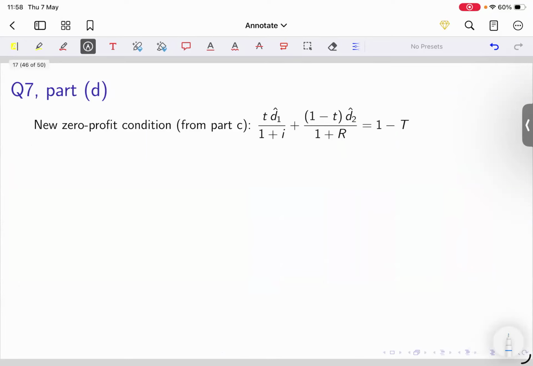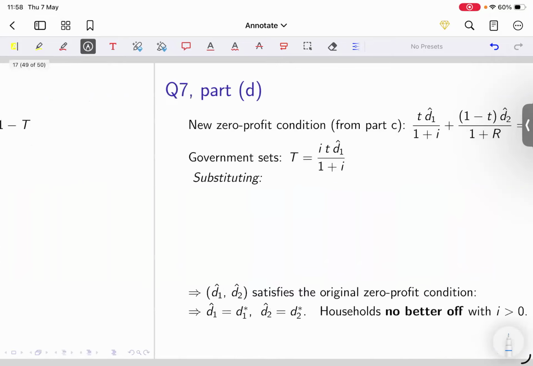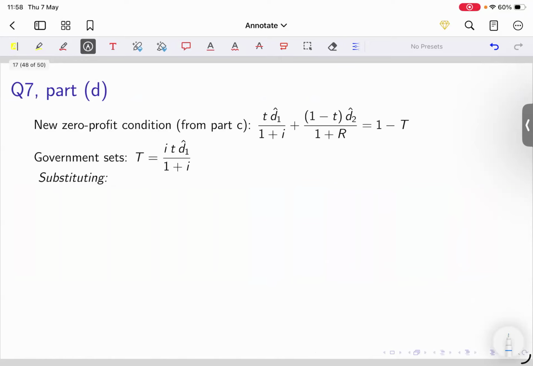So the new zero profit condition is as before, this is what we know. How do I prove that this is indeed the case? I'm just going to substitute. Hopefully I have enough time. I'm basically substituting T in here, so I have T D1 hat over (1 plus I). Let me already add T on both sides.